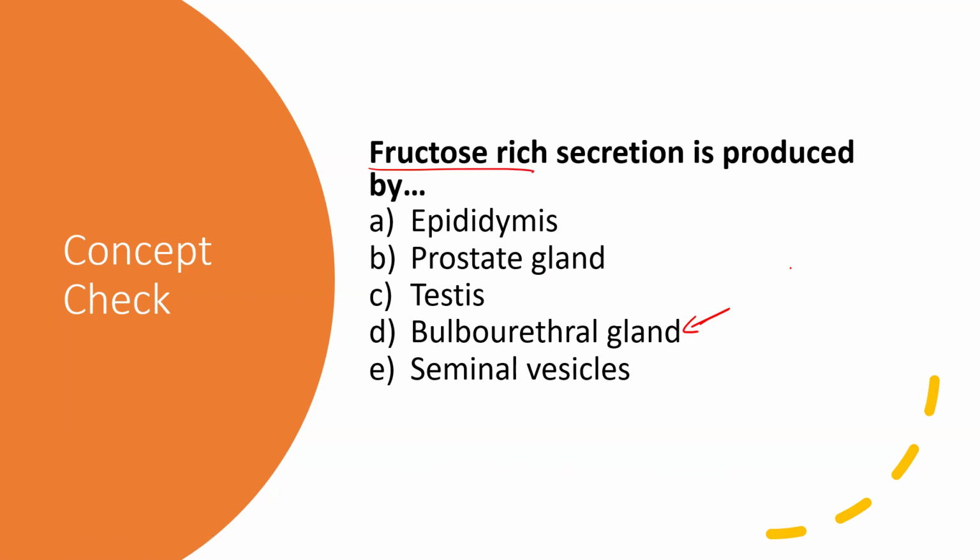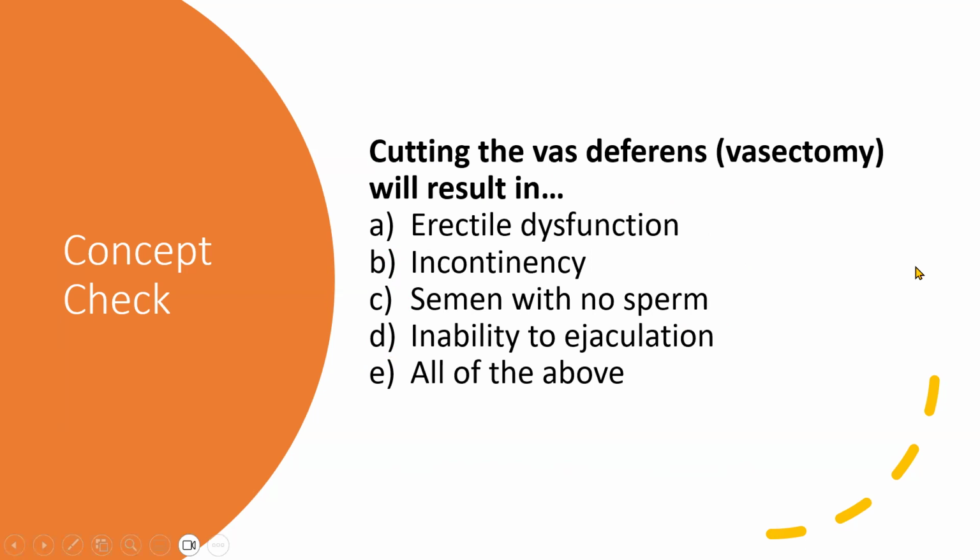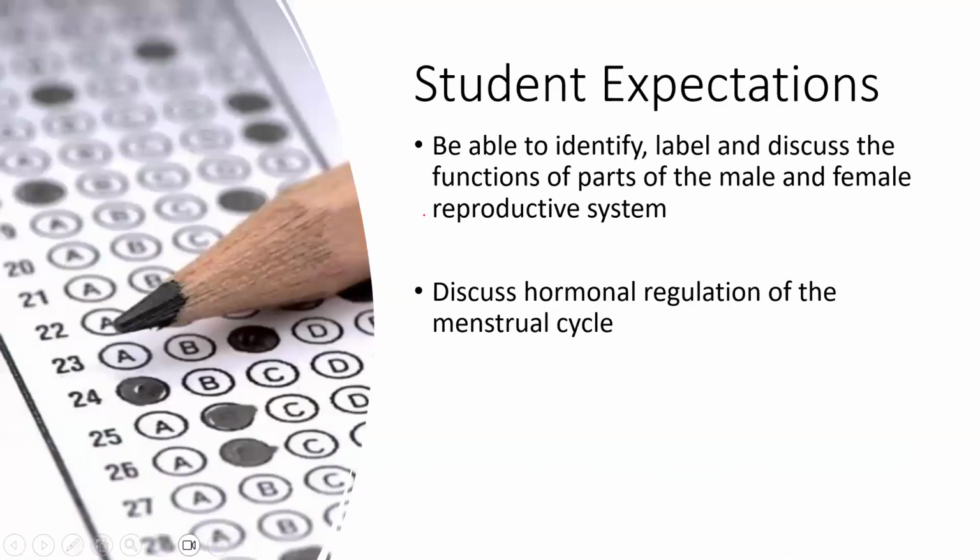But for the fructose-rich one, it is the seminal vesicle. It's all in the notes. Okay, how about this one? Cutting the vas deferens will result in C. Yeah, semen with no sperm. That's right.